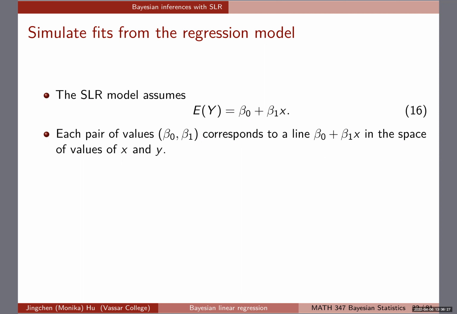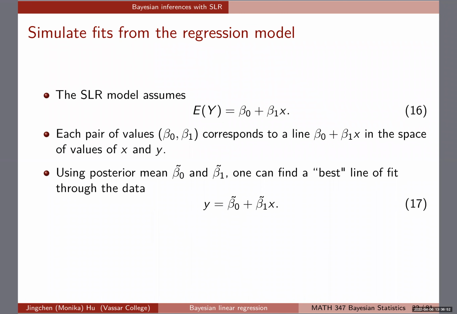So just imagine that after we have done our MCMC estimation, we have a bunch of draws of beta 0 and beta 1, and each pair actually corresponds to a line in the space. So technically, however many pairs of beta 0 and beta 1 you have, you get that many straight lines going through the data cloud. Imagine how that is different from the frequentist point of view.